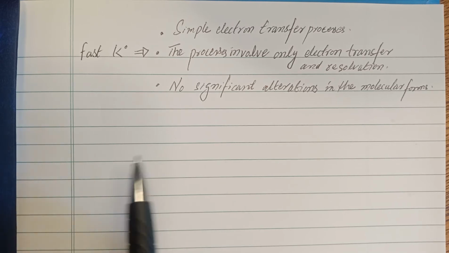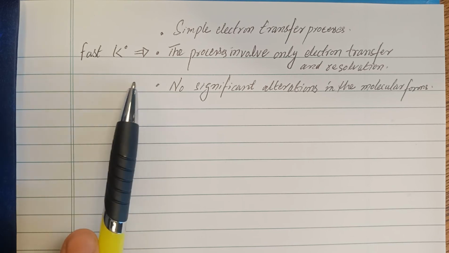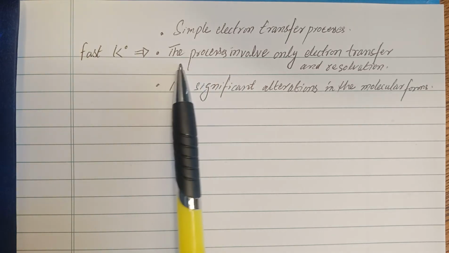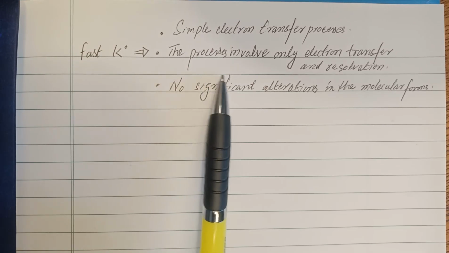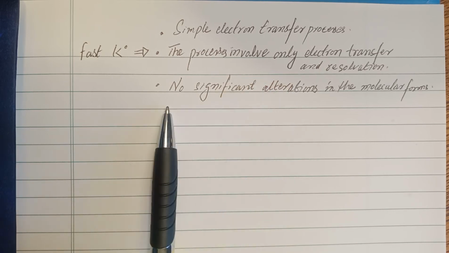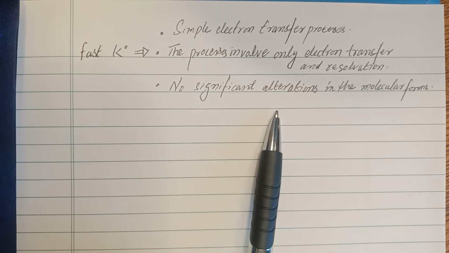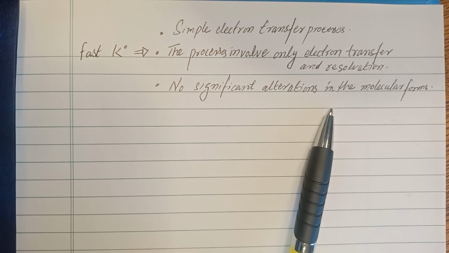Here we need to remind a few things about the fast rate constants observed for simple electron transfer processes, which involve only electron transfer and resolution, meaning the back transfer. And the third point is that no significant alterations in the molecular forms of the redox species have been observed.